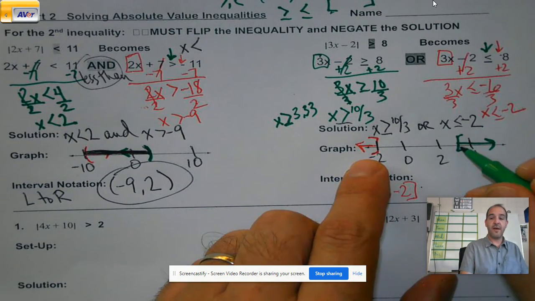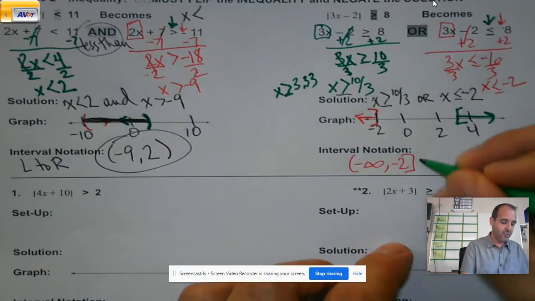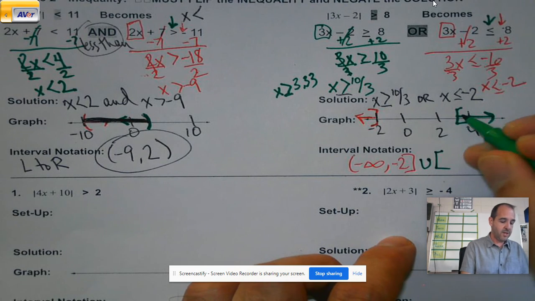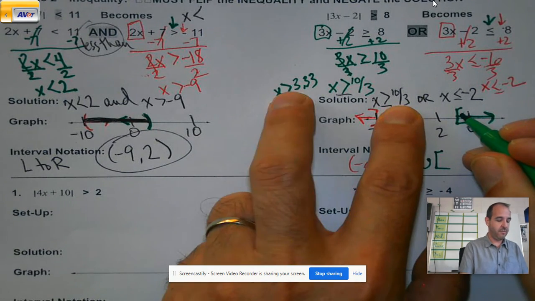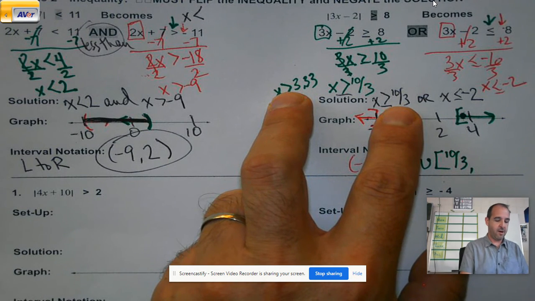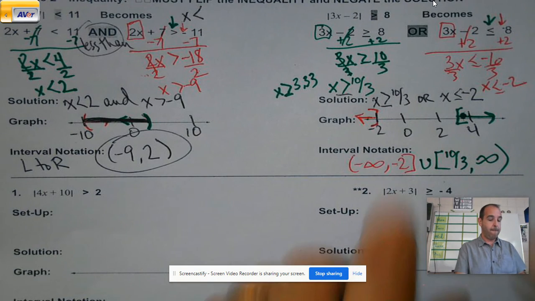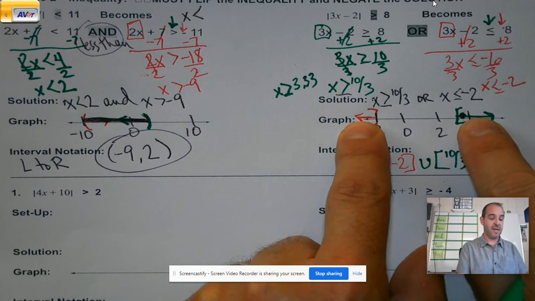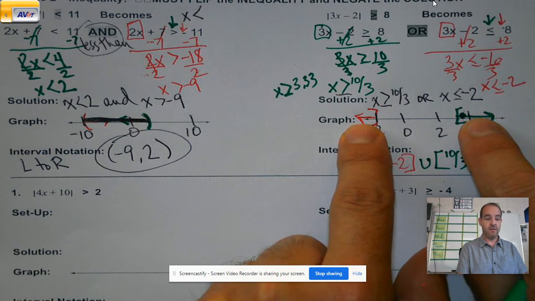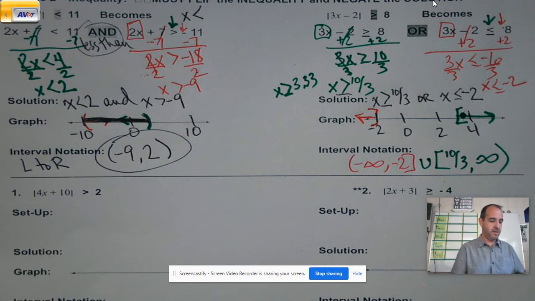And then since there's another piece, I have to let people know, okay, there's another piece still that is union. Start up here, again, fraction, decimal, doesn't really matter, and off forever to the right. Big interval notations, big graphs on ors, okay? Smaller interval notations, smaller graphs on ands. It's just kind of a heads up.